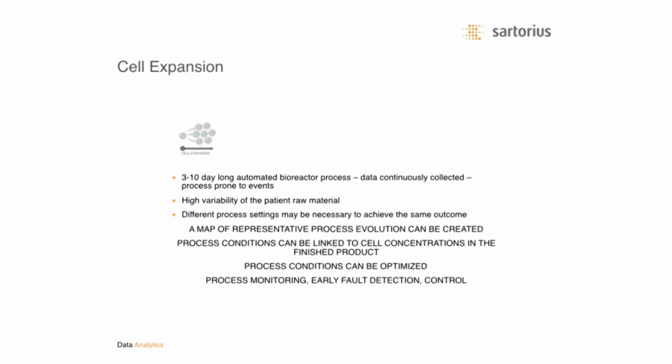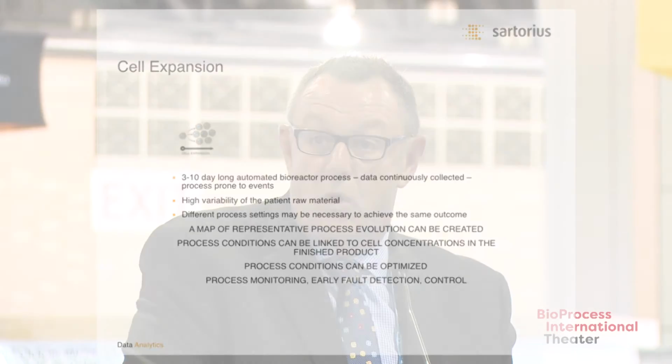And then different process settings are required to produce the optimal result. The platform allowed us to create a map of the critical process conditions that were driving the process so that it can be optimized, and ultimately allowed us to gather information that would help us intervene in the case that we noticed a deviation.